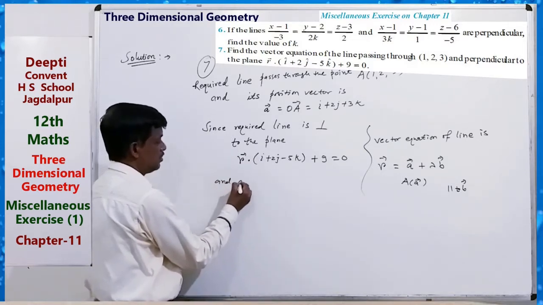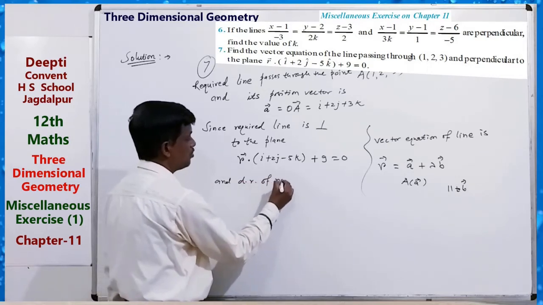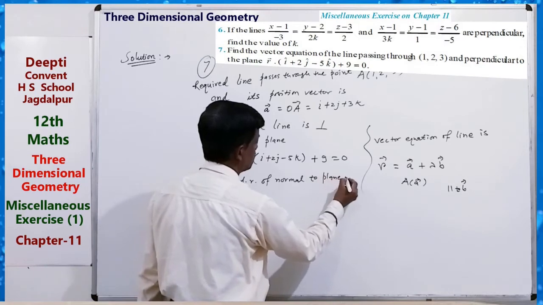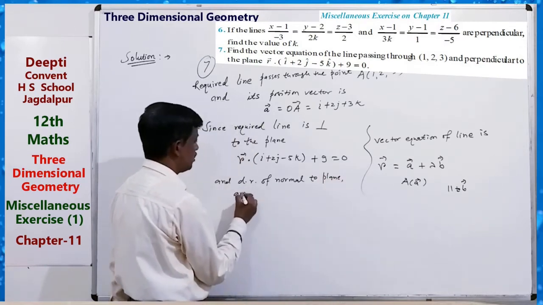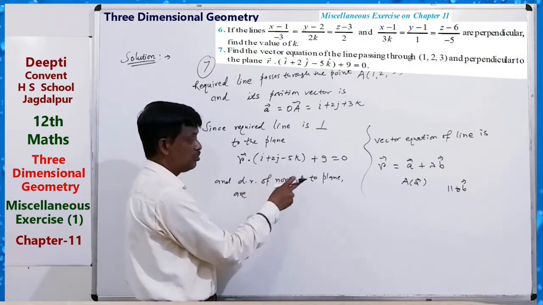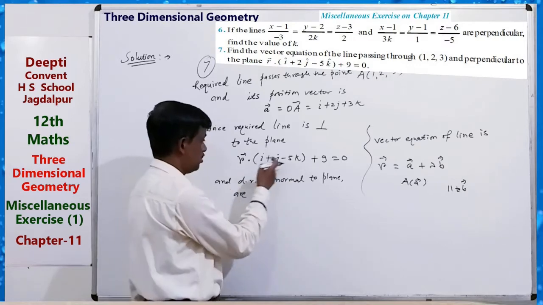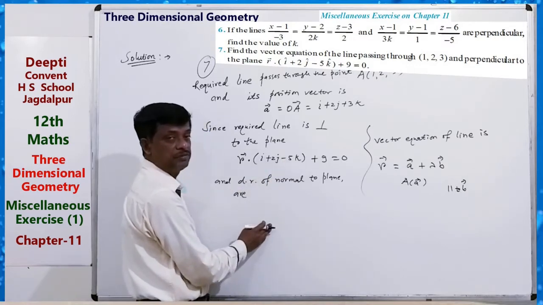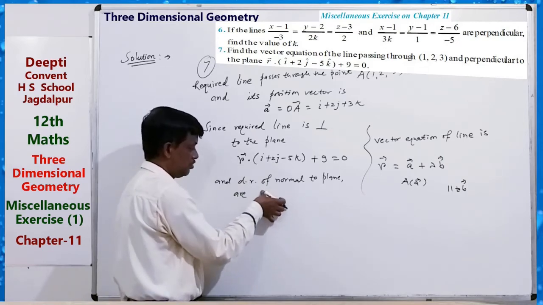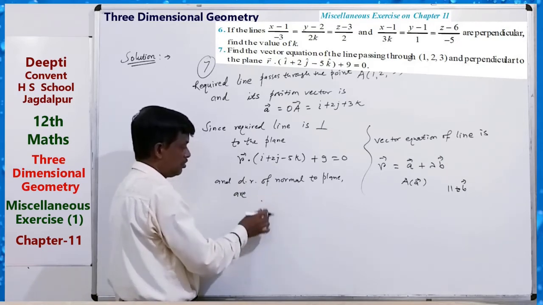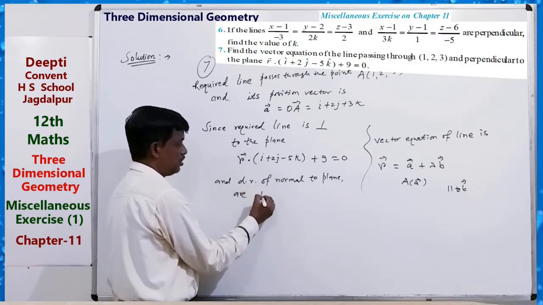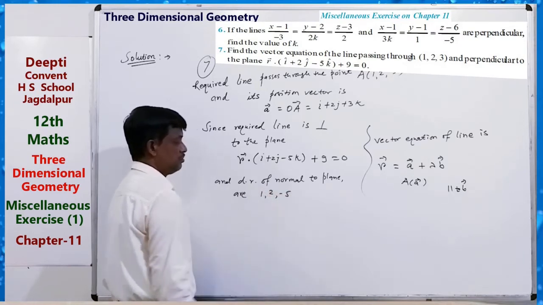And the direction ratios of the normal to the plane are 1, 2, minus 5.